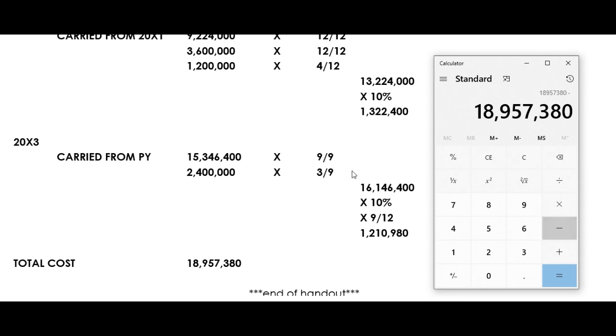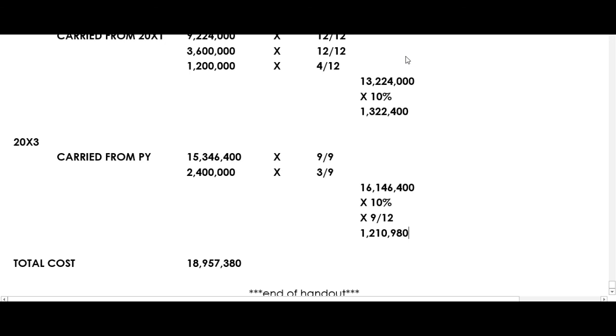So if we're going to do that, minus 18,500,000, then you need to recognize an outright loss na 457,360. Okay? So yan na yung i-recognize mong loss during the year 20x3. Kasi yan yung hindi mo pwedeng i-capitalize na cost kasi sumobra na siya sa recoverable amount ng ating item. Okay? So just in case lang, may ganun na question.